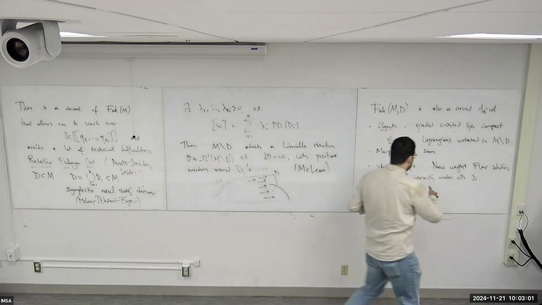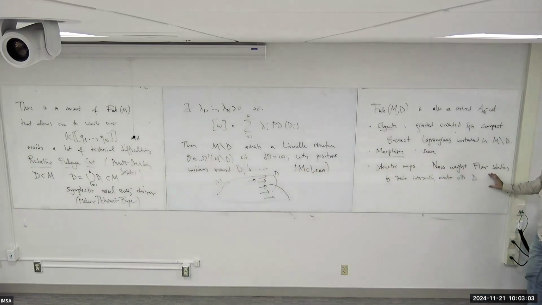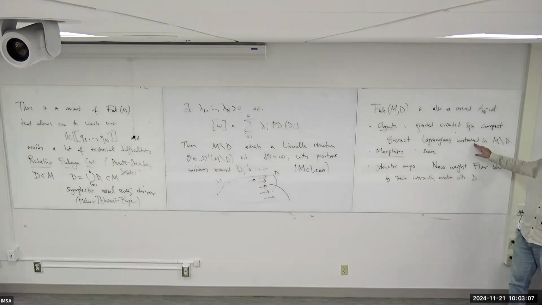So nothing about omega is used in this, but there is a way to recover, at least for these particular objects, the Fukaya category with these objects from these counts by making a base change.